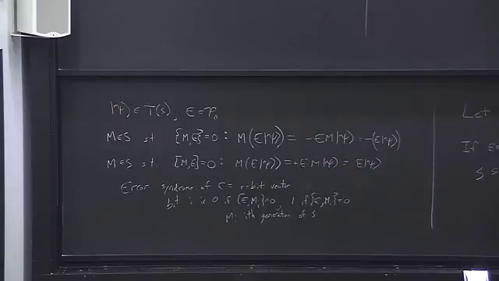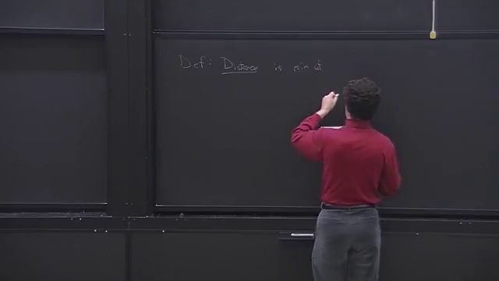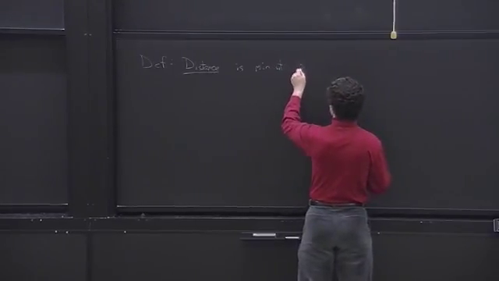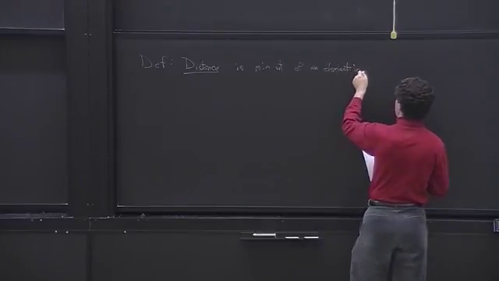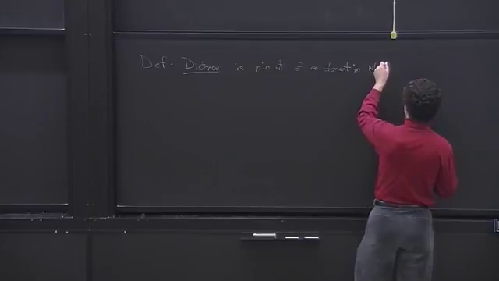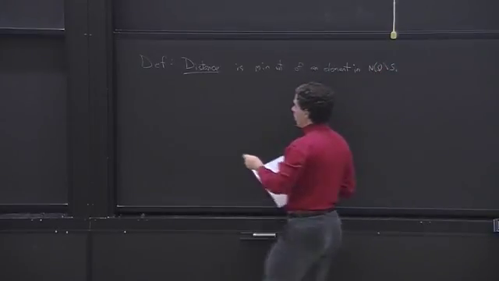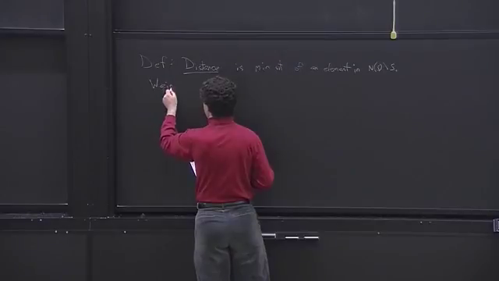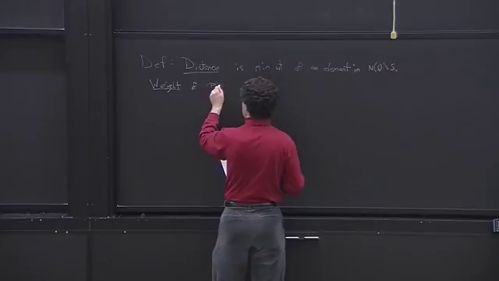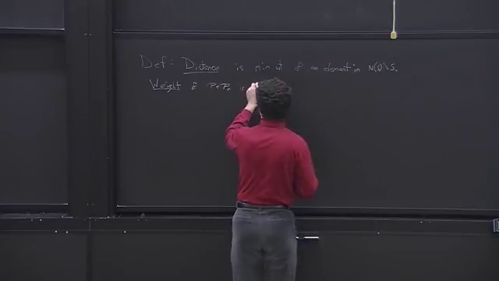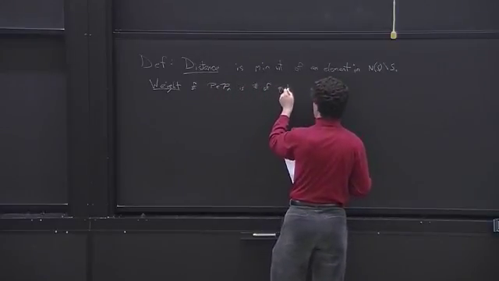The distance of a stabilizer code is the minimum weight of an element in N of S minus S. And the weight, by the way, I may not have mentioned this before, of a Pauli is the number of qubits it acts non-trivially on.